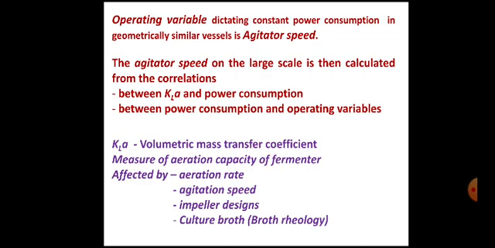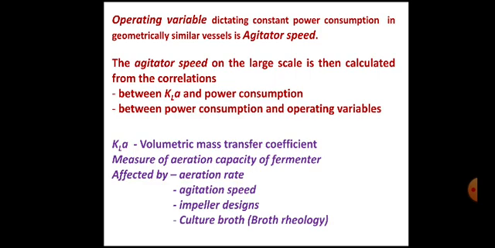So the volumetric mass transfer coefficient is the transfer of what? Mass means everything which is present inside the liquid medium. What is present in the liquid medium? Volumetric means in a given liquid volume.